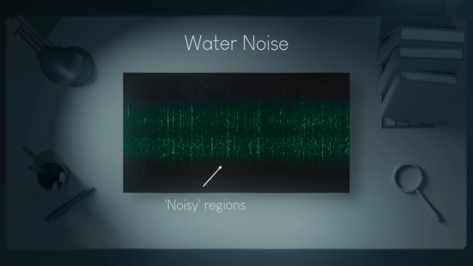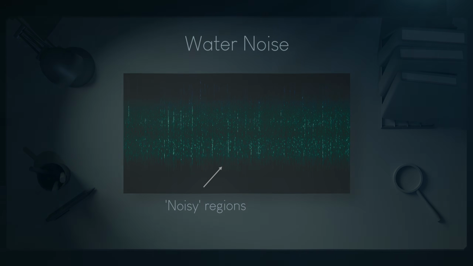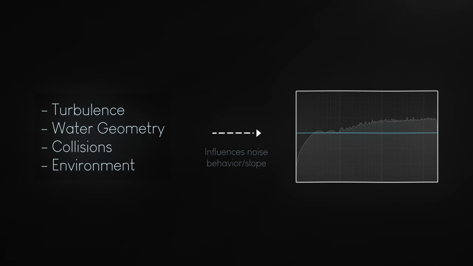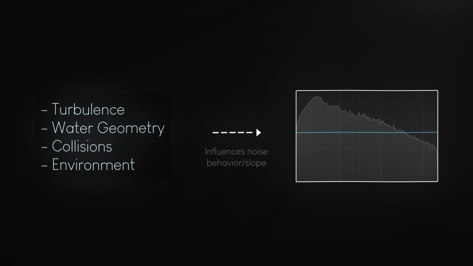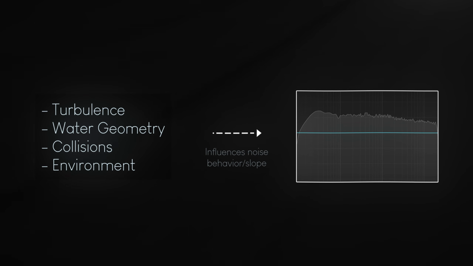While I've mentioned background noise, there's another kind of noise which comes from the water itself. While the factors behind water spectra aren't as researched as you might expect, turbulence alongside water collisions with the environment seem to contribute greatly to the intensity of the noise, and more precisely, the slope of the noise over the frequency spectrum.